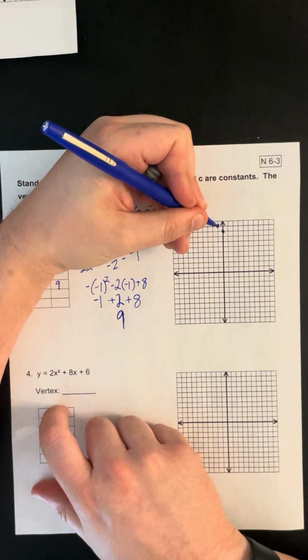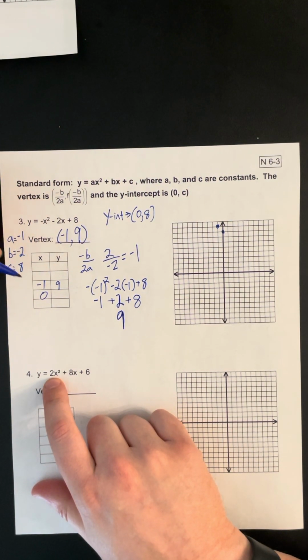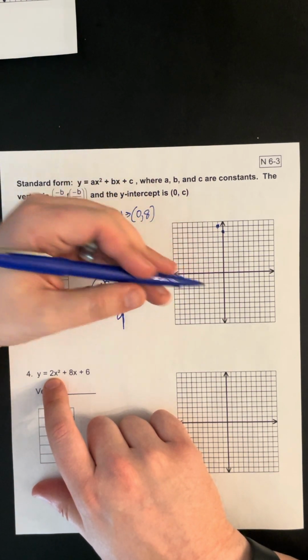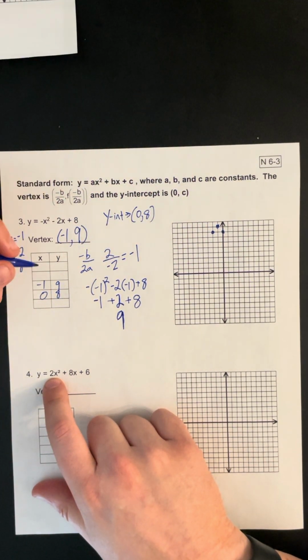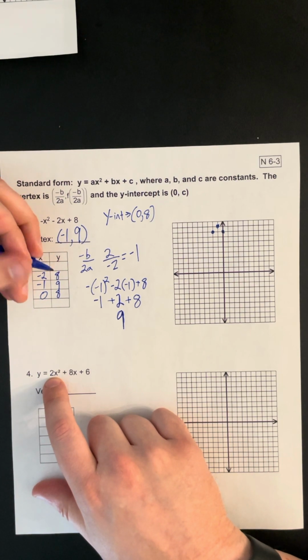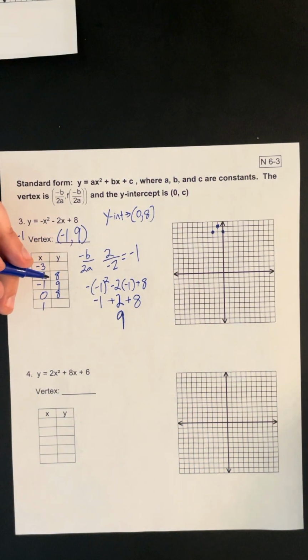So it looks like my vertex should be negative 1, 9. It's going to be right up there. And I already have my y-intercept, which was 0, 8, which means since I've got my axis of symmetry here, I could find another point here that would be negative 2, 8. And then we just need one more point there.